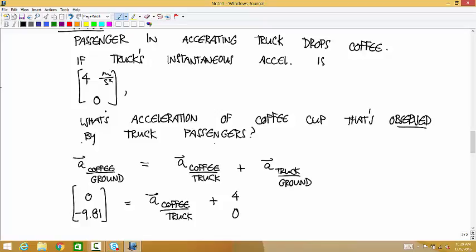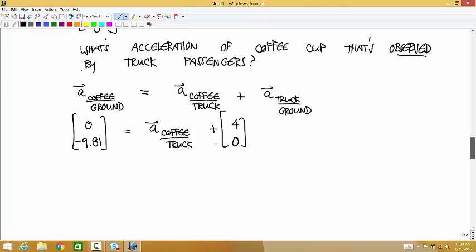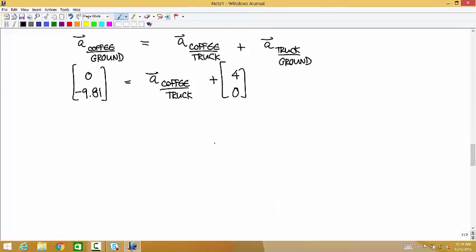So 4.0. And so now to solve for the acceleration of the coffee relative to the truck, we have to subtract this vector, and we get that the acceleration of the coffee relative to the truck is negative 4 meters per second squared, negative 9.81 meters per second squared.